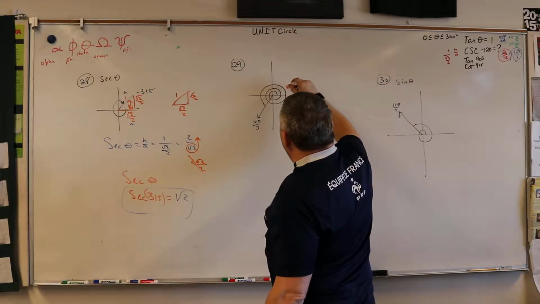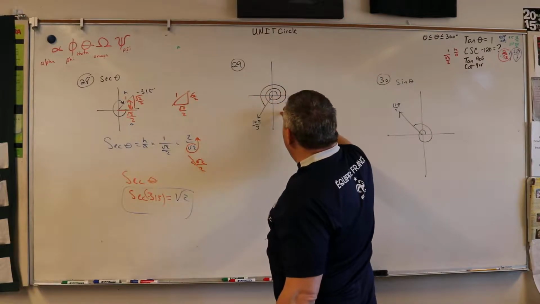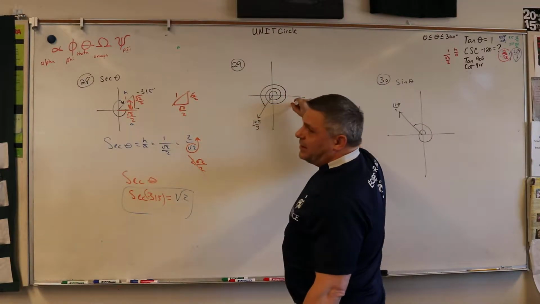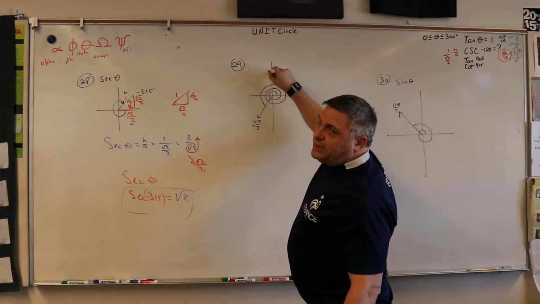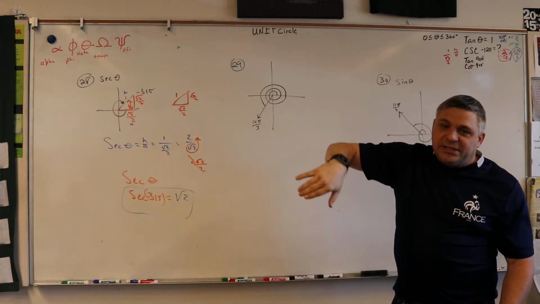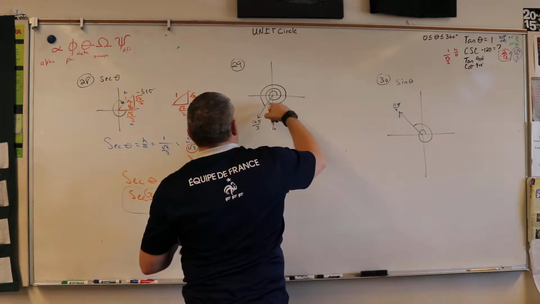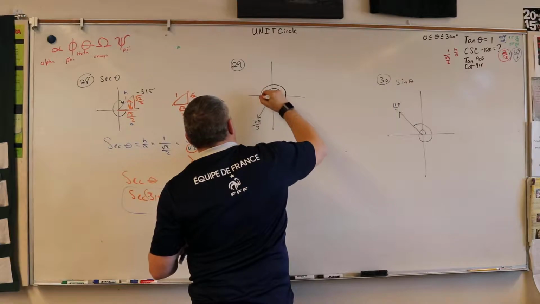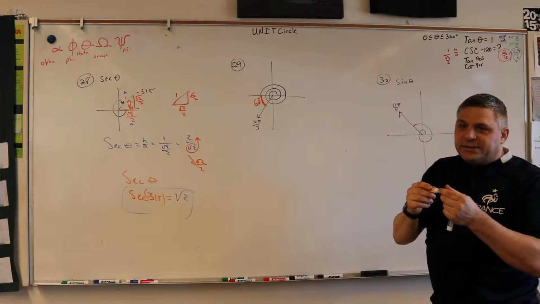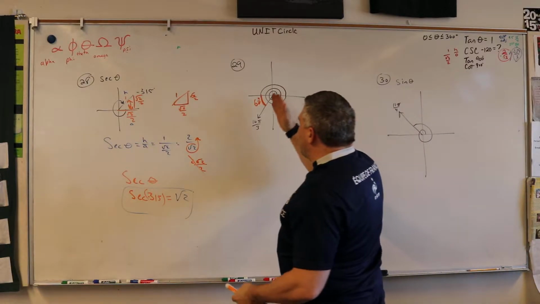So it's 1, 2, 3, 4, 5, 6, 7, 8, 9, 10, 11, 12, 13, 14, 15, 16. So there's only one more 60-degree angle right there, because it's 60, 60, 60. So that means that this is 60 degrees. Does that make sense? So it's a reference angle.